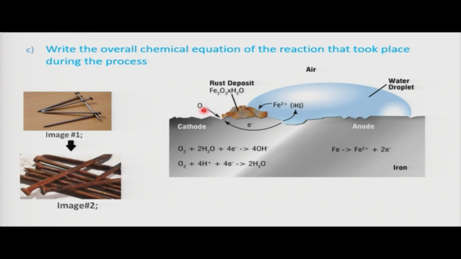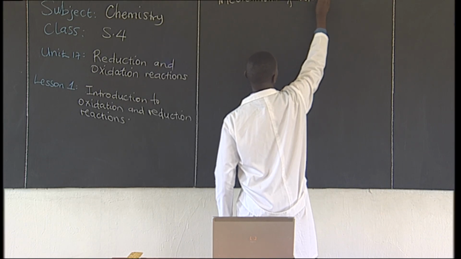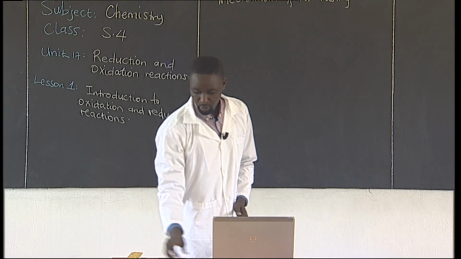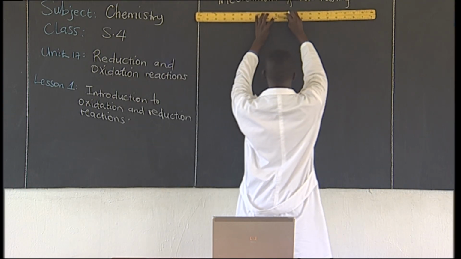The oxygen, presence of oxygen, which we call the air, takes up the electrons, and they form that rust oxide layer. Now, for us to write the equation, I want us to combine our minds here and illustrate what is happening. I call it the mechanism of iron rusting.